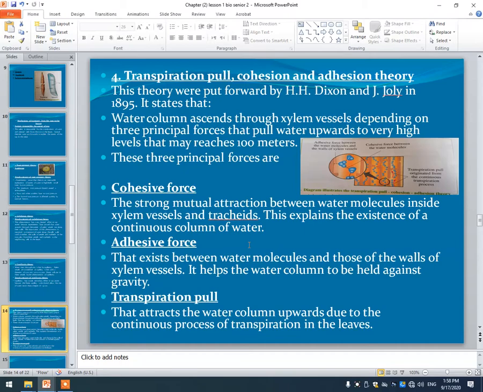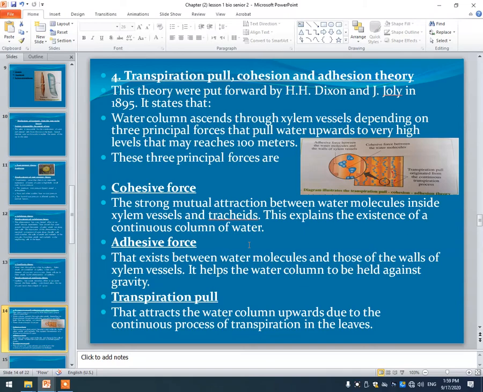These three principal forces: number one, cohesive force. Cohesive force results from the strong mutual attraction between water molecules. As we know in chemistry, water molecules stick to each other by hydrogen bonds. This attraction between water molecules is called cohesive force inside xylem vessels and tracheids. This explains the existence of a continuous column of water.